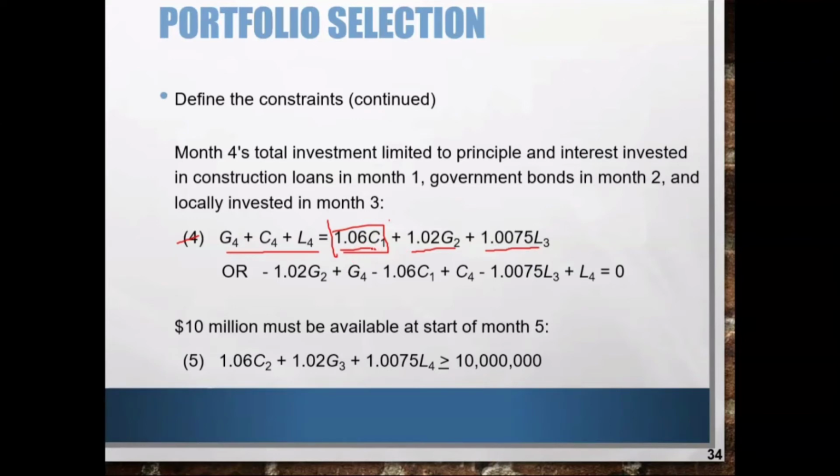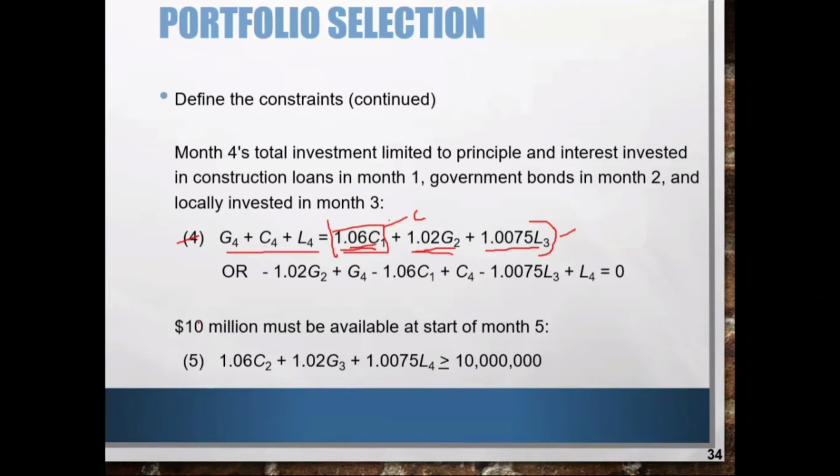While for government bonds in month 2, the condition is that after 2 months it starts returning 2%, so month 2 is multiplied by 1.02, and the local investment grows every month.